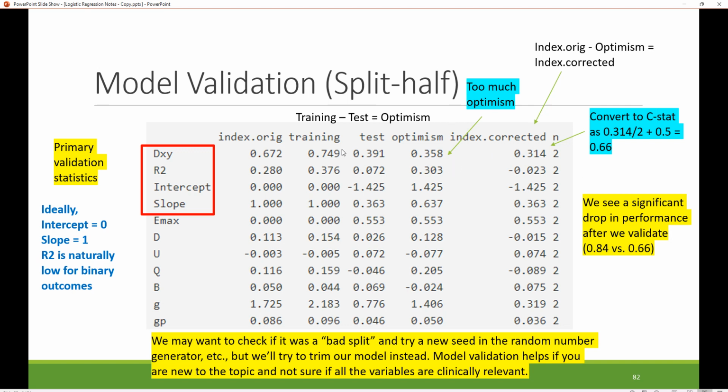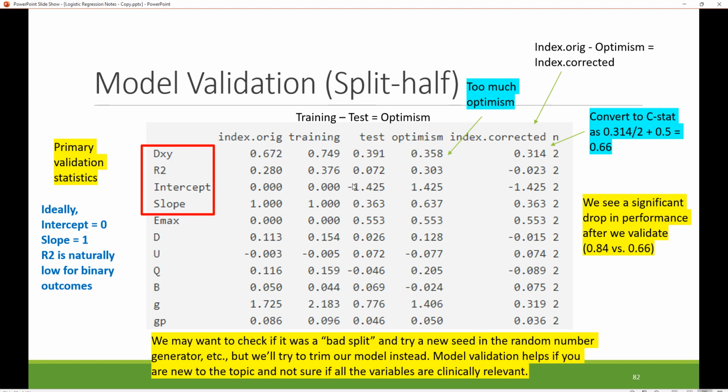But what's more commonly found is you have a training set and a testing set, and that would be the third and fourth columns in this data. So one way to do it is to develop your model in your training set, and then use the results from your test set to determine model validation.